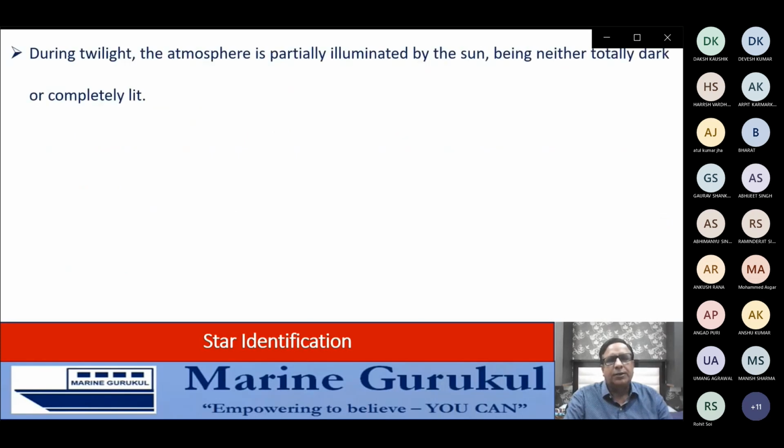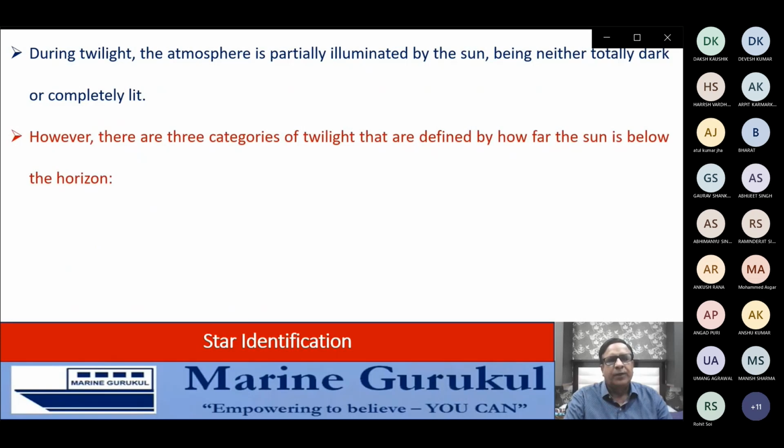During the twilight, the atmosphere is partially illuminated by the sun, being neither totally dark nor completely lit. However, there are three categories of twilight that are defined by how far the sun's center is below the horizon.